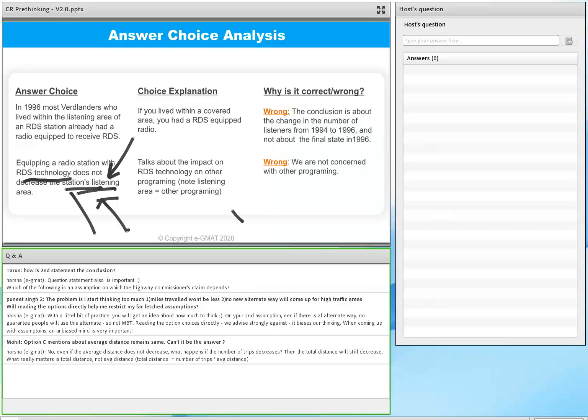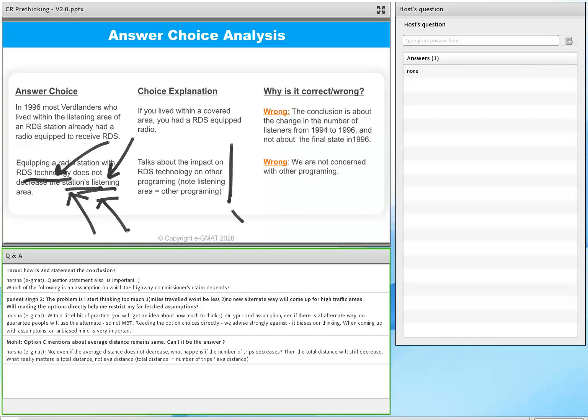This impact on range or station's listening area is not about special programming. Why? Because prior to equipping a radio station with RDS technology, there was no ability to transmit special programming. The range of special programming prior to equipping the radio station with this was what? 0. Read this again. Ask yourself, what was the listening area for special programming for a radio station before it had RDS technology?